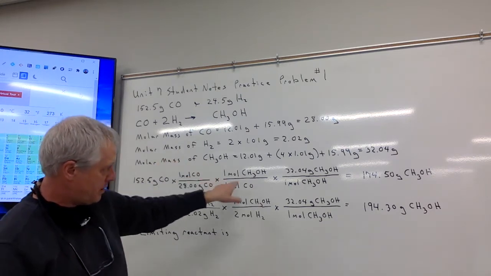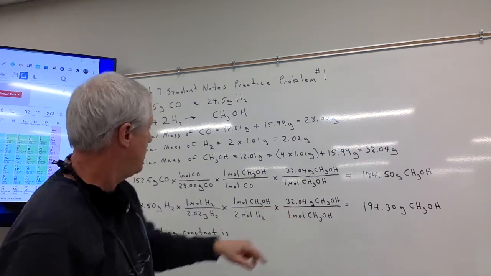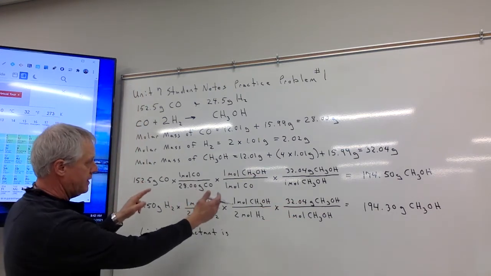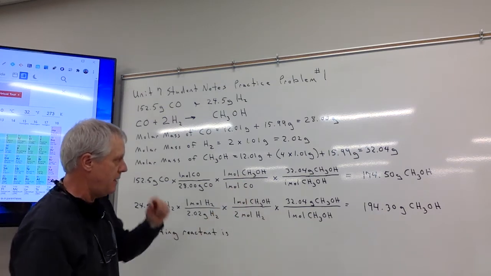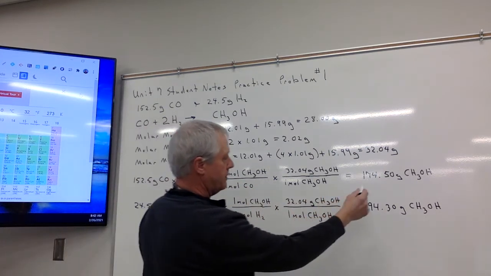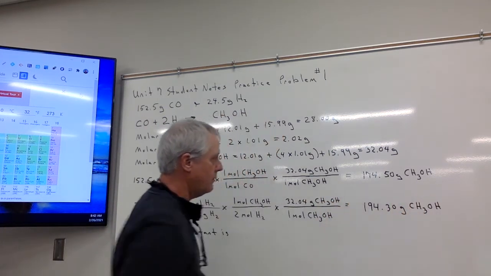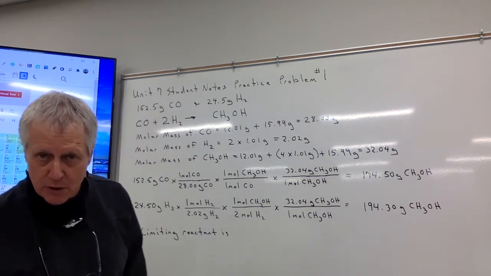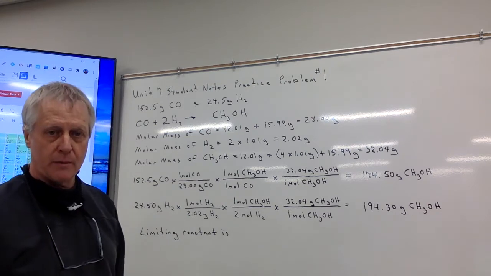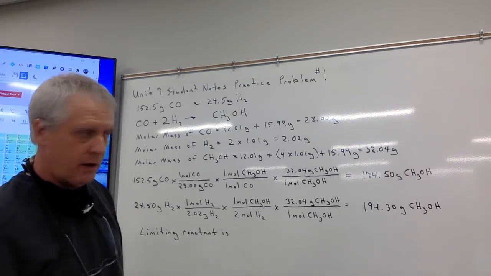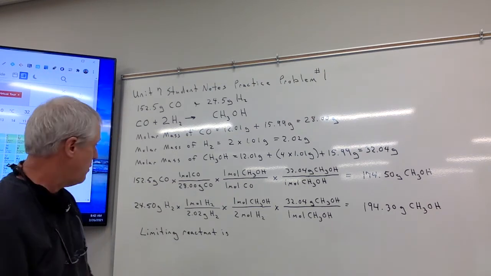We go through our dimensional analysis sequence, and you can see how it's set up. It's a 1-to-1 ratio of methanol to carbon monoxide. As we bring this across, here is our value for the amount of product formed if we started with this amount of carbon monoxide. So that's our mass problem number 1.